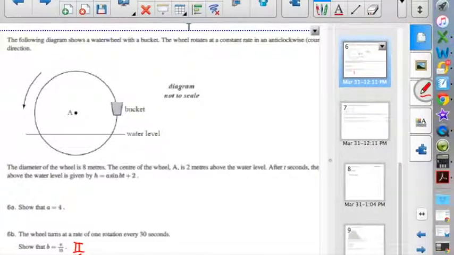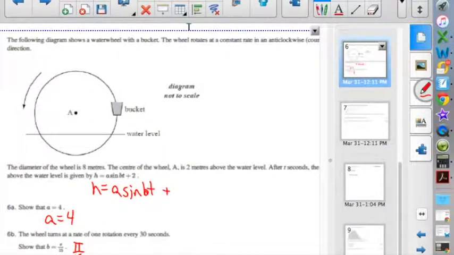Wait, part A is basically finding the radius, isn't it? Well, show that A has to equal 4. Isn't it just basically finding the radius? Well, that's what you've got to figure out.